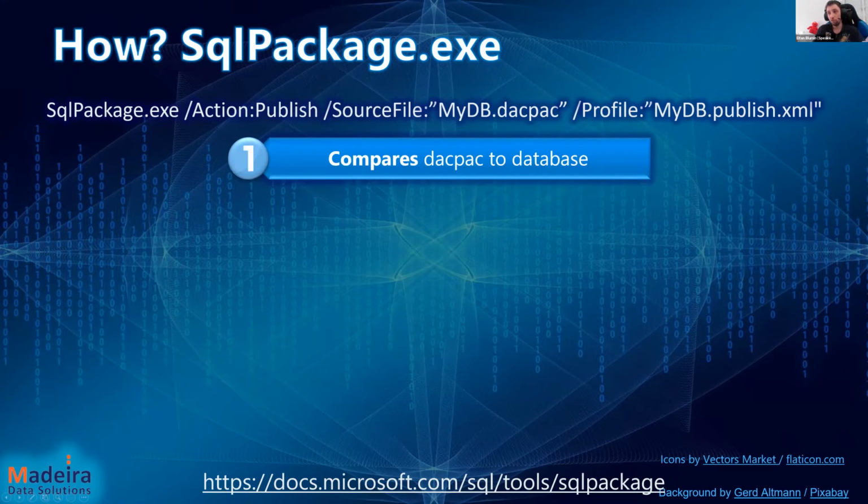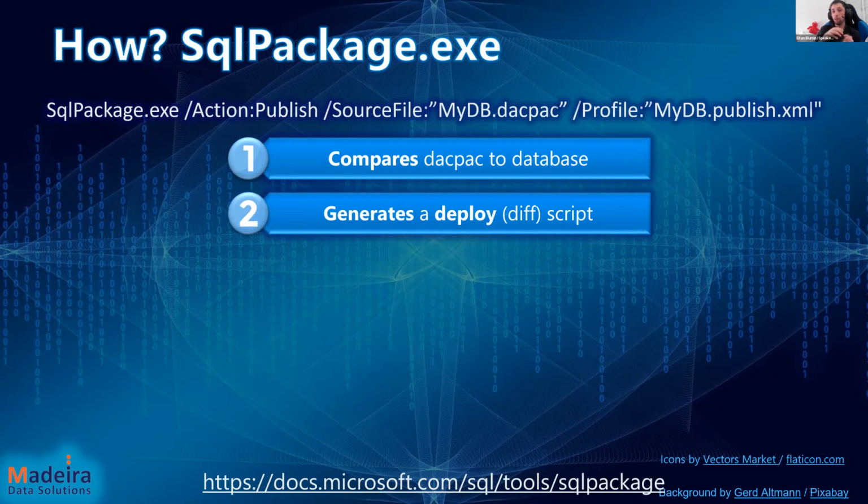What happens first is the utility compares your DAC file to your target database, using something like the schema compare tool behind the scenes. As a result of that comparison, it generates a deploy or diff script or change script, which is meant to make the target database match the schema of the DAC file.